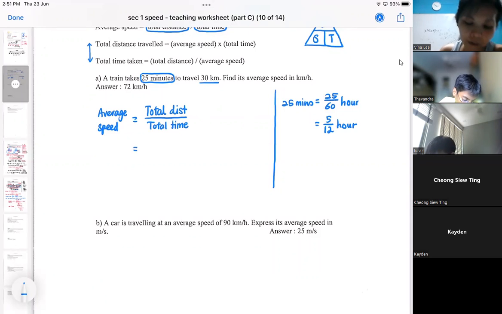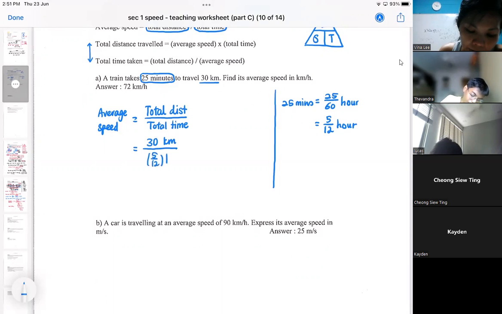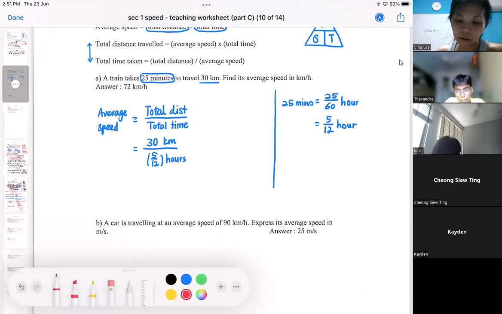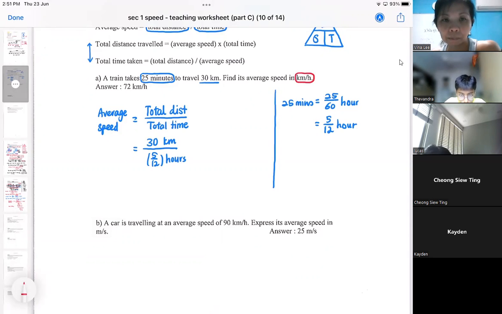Please don't just write a 30, write kilometer. So I will usually write the units. So the time, I'm going to write it in hours. So if you write your units in your working, then you will be giving your answer in the correct units. Then you just punch the calculator.